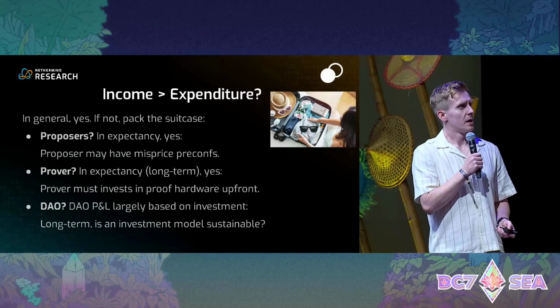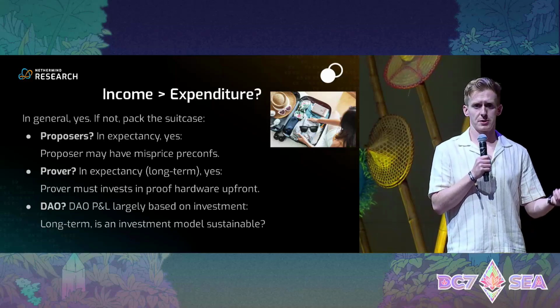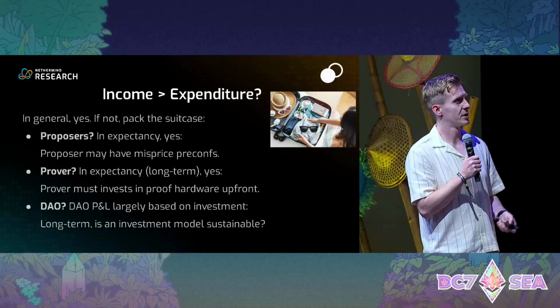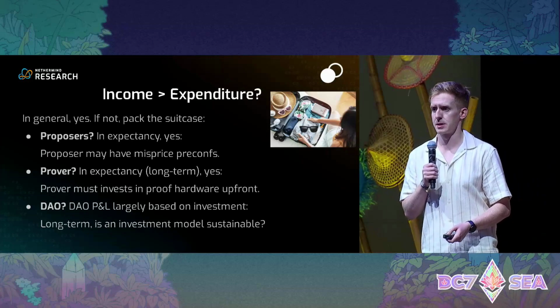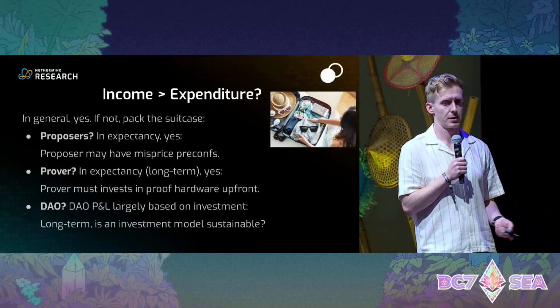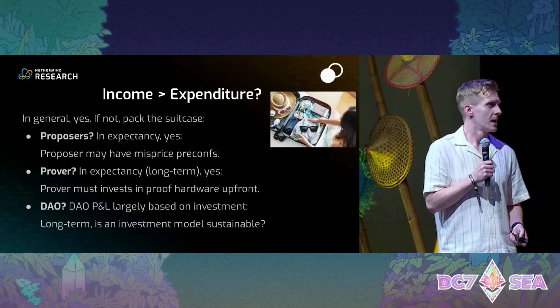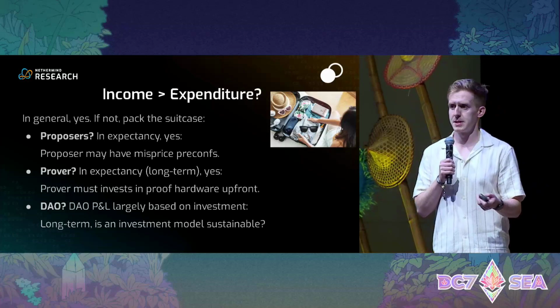So is income greater than expenditure? I've already touched on why it should be, but in general, if it's not, you can pack your suitcase and go to some other ecosystem, some other rollup. For proposers, in expectancy, yes, it should be, right?